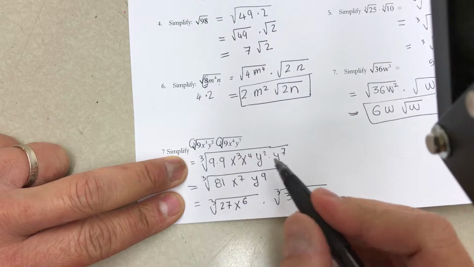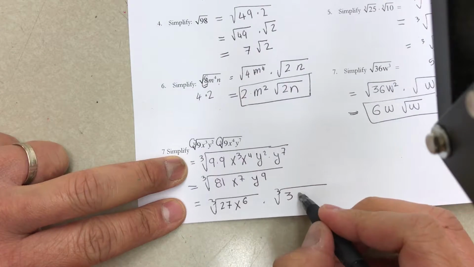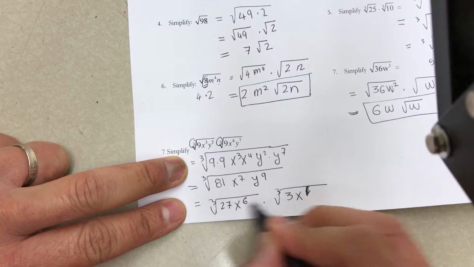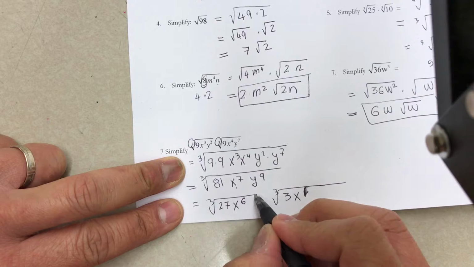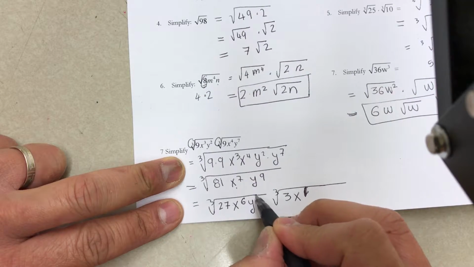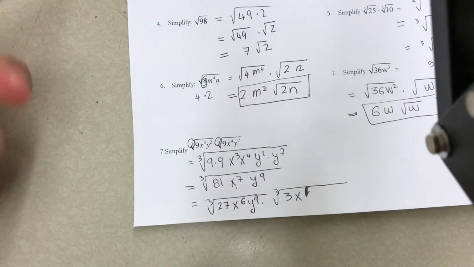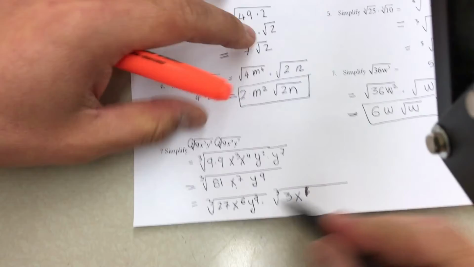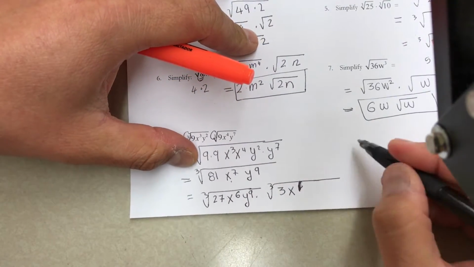So for x to the 7, technically you can group 2 groups of x to the 3rd. That leaves you with x to the 6th, and then you're left with just 1 x. That makes it x to the 7. For the y to the 9, that's actually a perfect cube because 9 is a multiple of 3. 6 is a multiple of 3, right? But we have 1 left, which is 7. That's why we put that 1 there.